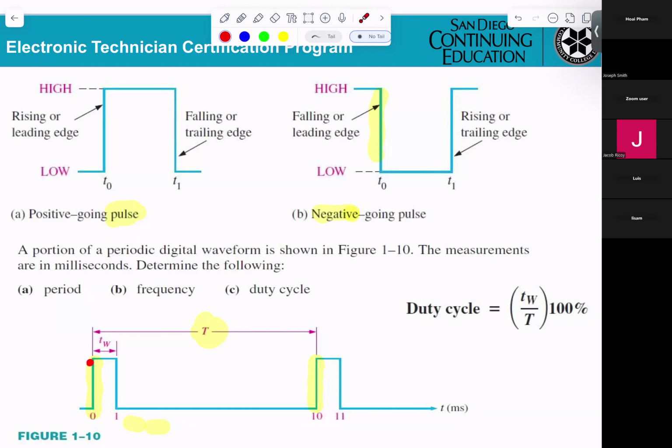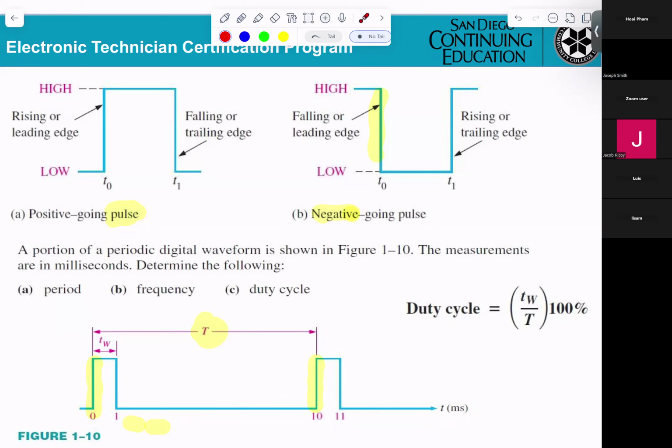You see this is they going up, then they're going up again, okay, and that will be milliseconds, okay. So that will be T going from here to here. They will be the period, okay.